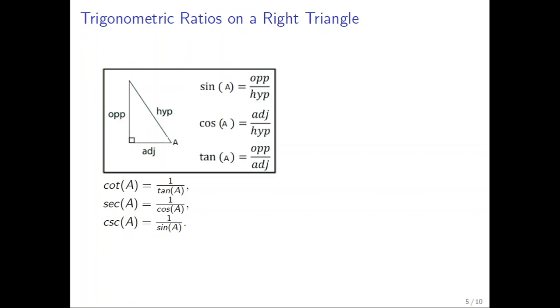Okay, now let's work on the trigonometric functions on a right triangle. Sine, cosine, tan, cotan, secant, and cosecant are calculated the way it's shown in this slide, if the angle A is as it is shown in this triangle.